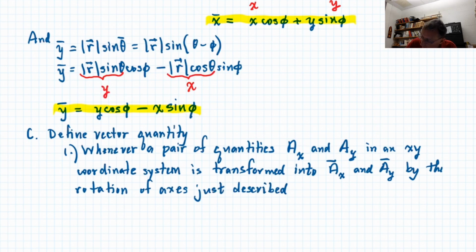And so we rotate our axes counterclockwise by the angle phi, and we had two quantities Ax and Ay, and those get changed to Ax bar and Ay bar.